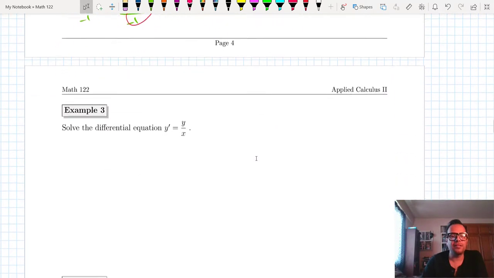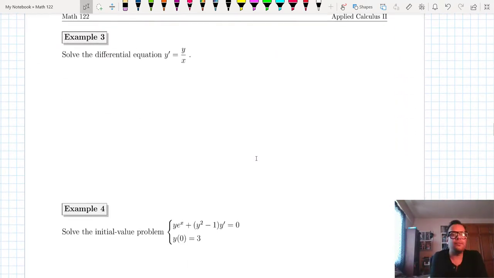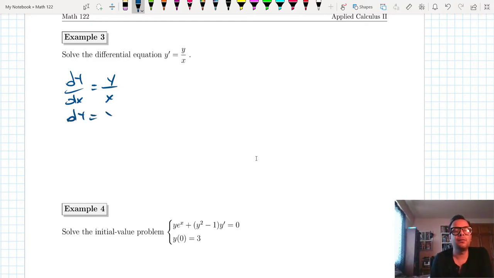Okay, let's do another example. Let's do y prime equals y over x. Okay, so first of all, let's change the symbol of the derivative to dy over dx equals y over x. Okay, let me multiply both sides by dx. dy will be y dx divided by x.